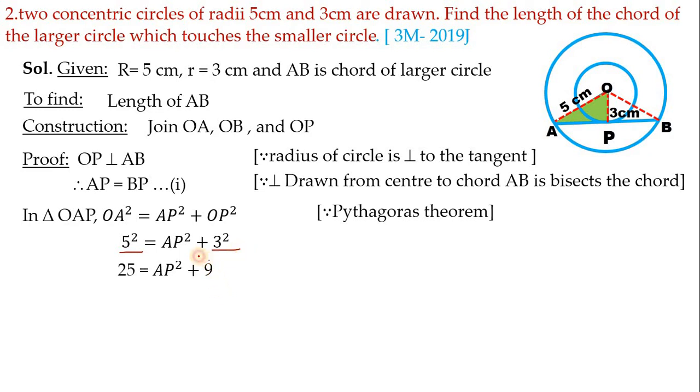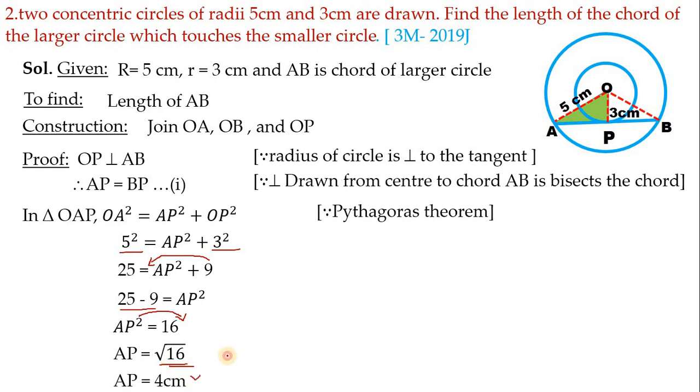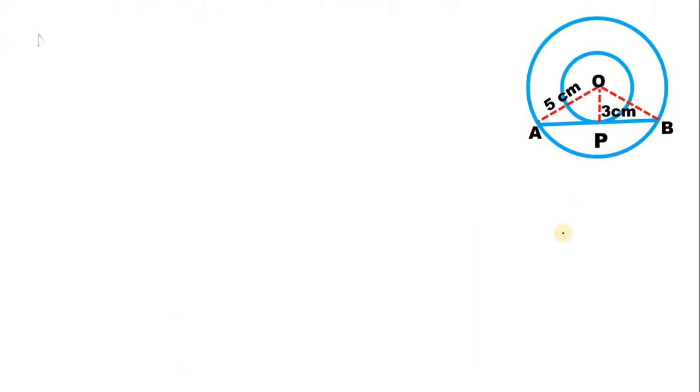Next, this 9 transfer to this side. We get 25 minus 9. 25 minus 9 means 16. And next, this square you transfer to this side. We get root 16. Root 16 has an exact value, that is 4 centimeter. Therefore, AP value we have got is 4 centimeter.